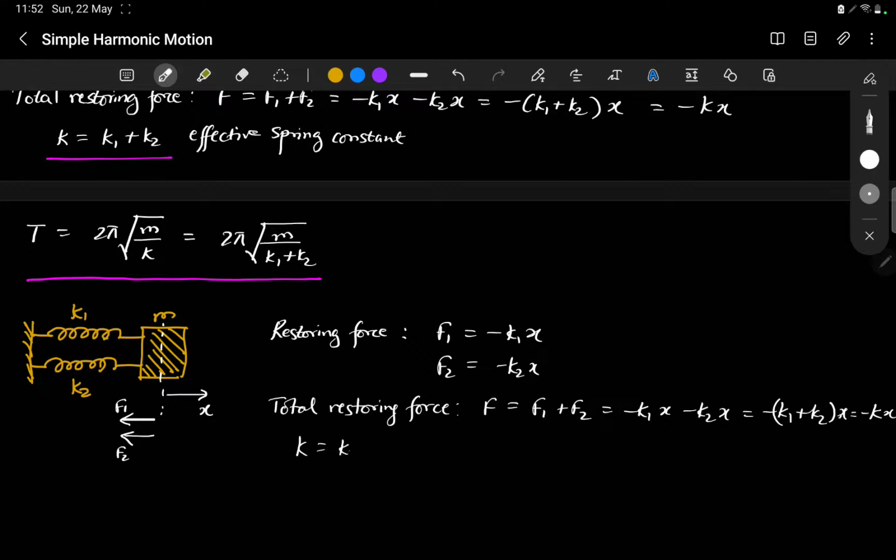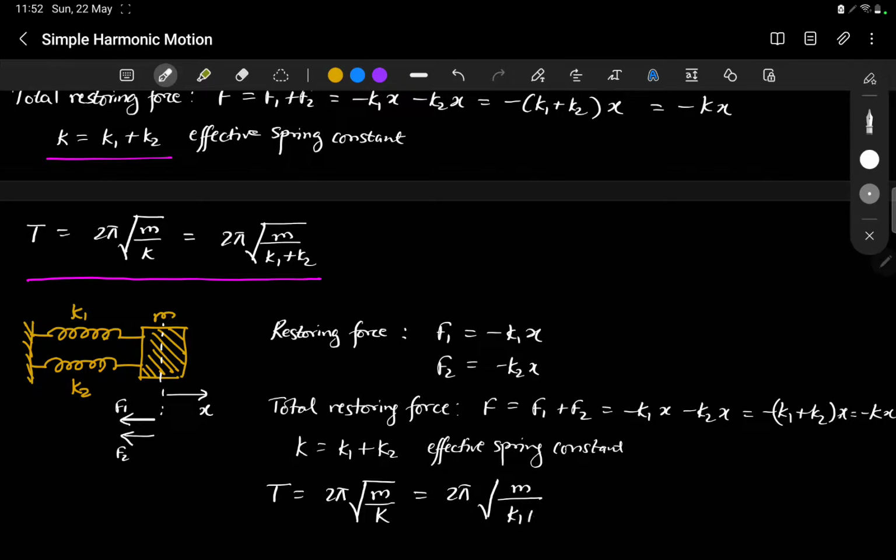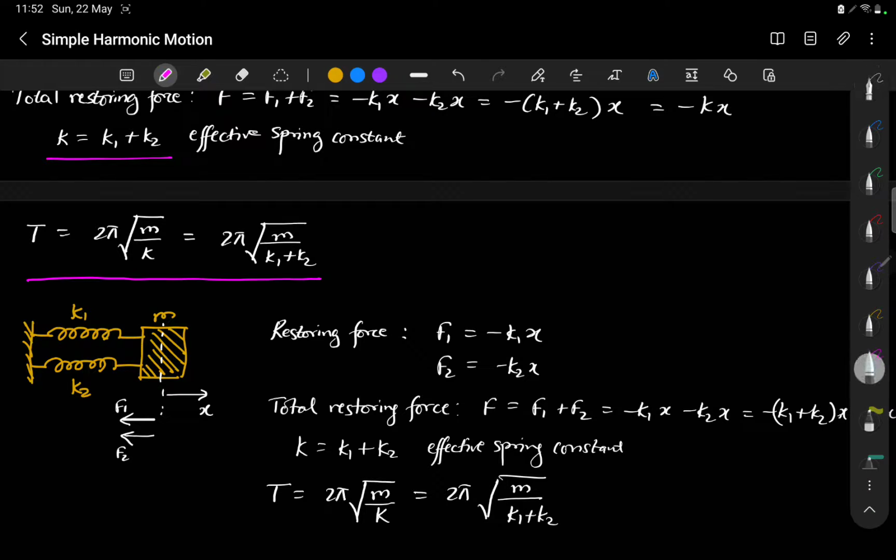So k is equal to k1 plus k2, the effective spring constant, and so the time period T over here is again the same as what we obtained in the previous configuration. So same effective spring constant and same time period.